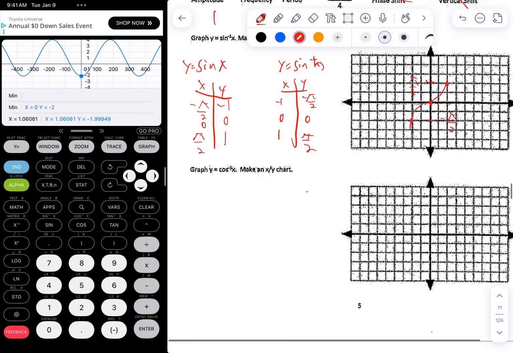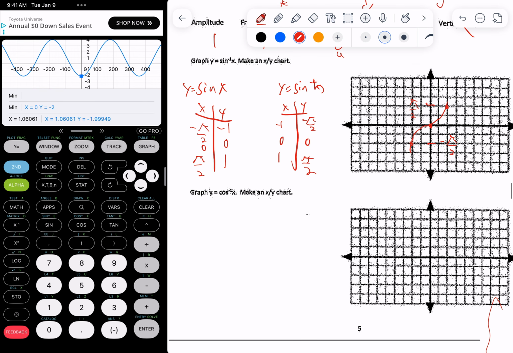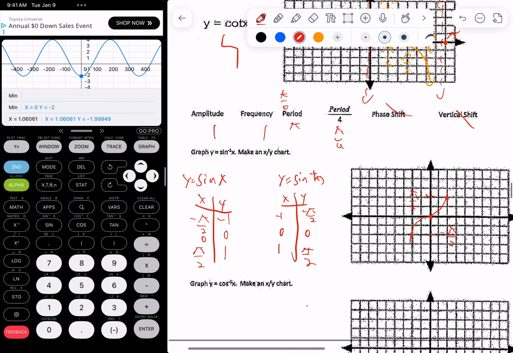Great. And now graph y equals cosine inverse of x. Make an xy chart. Basically for the sine inverse, sine inverse looks like this, going up, right?